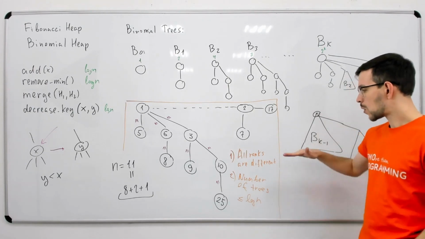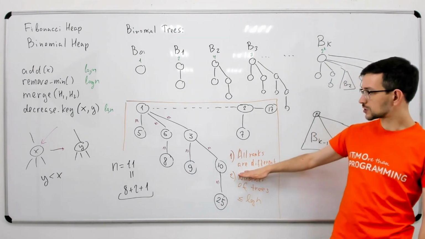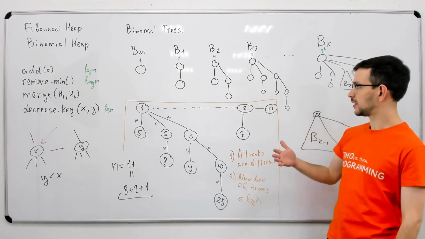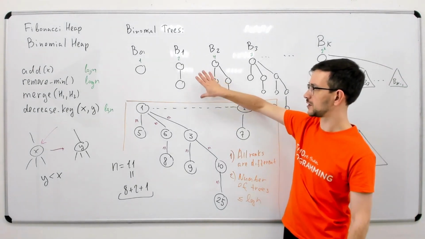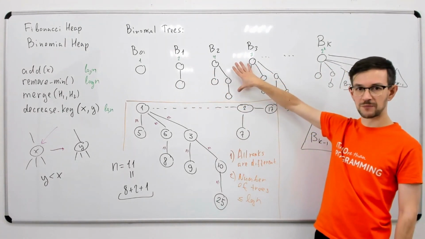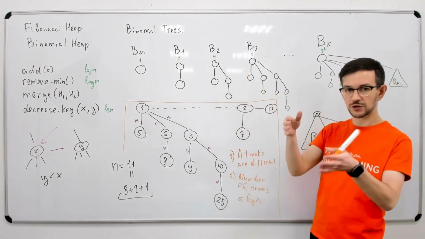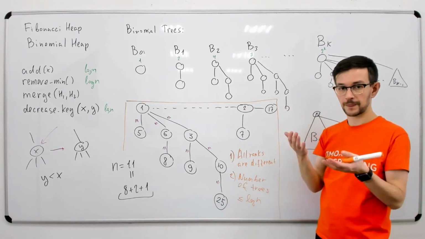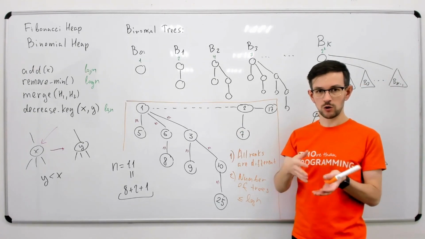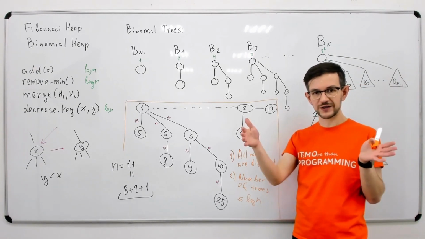Again, why are all ranks different? Because if you have 2 trees of the same rank, it means that you use 2 vertices and another 2 vertices. Instead of doing this, you can take just 1 tree of rank k plus 1 and put these vertices in this bigger tree. So if you want to minimize the total number of trees, you always keep all ranks of all trees different.